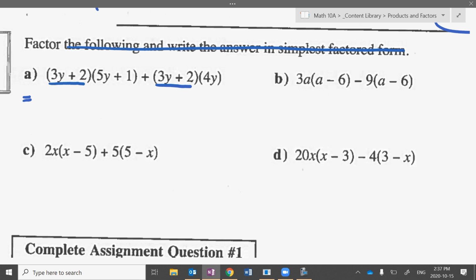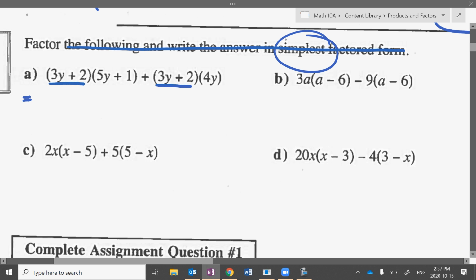So in this question, this is what it's getting at because they specified simplest form, and that's why they say that. So I factor out my 3y plus 2. My first part is left with 5y plus 1. The second one is 4y. Well, I can combine my y's.